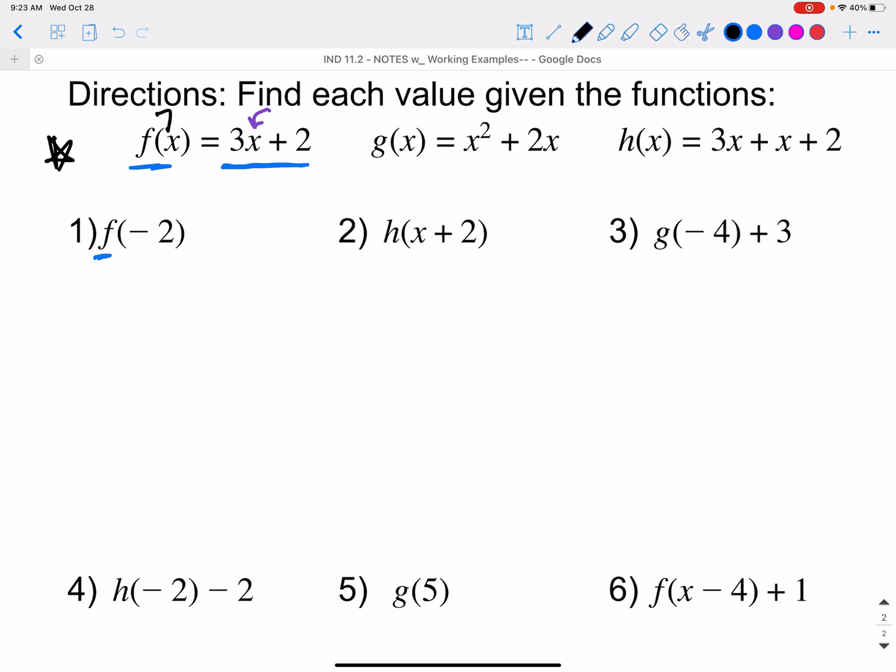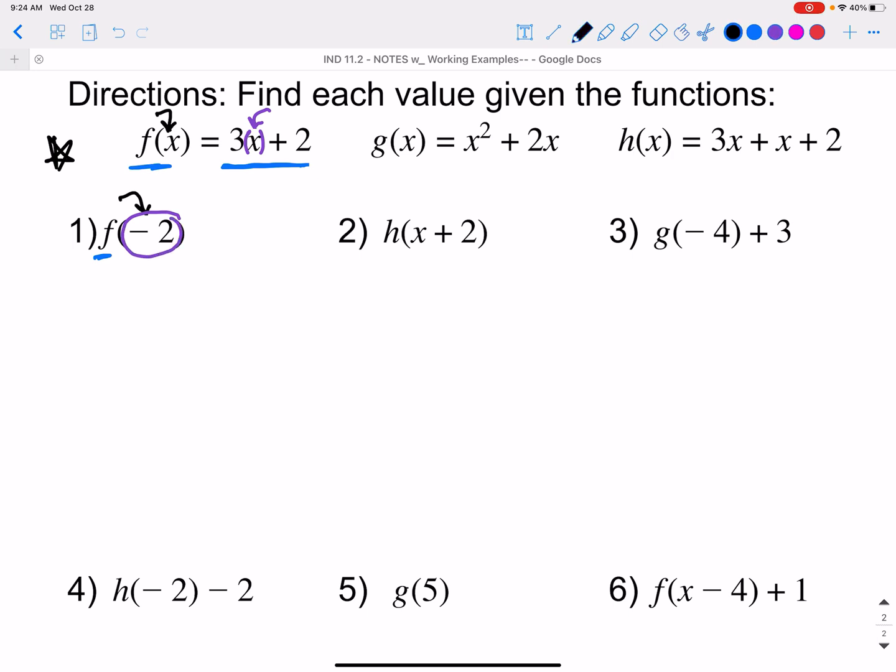So F of negative 2 tells you that for the X in your machine, your ingredients is negative 2. Everywhere where you see an X, you're going to put in the ingredients negative 2.